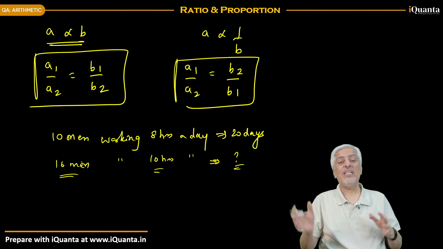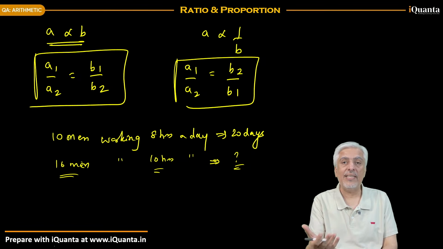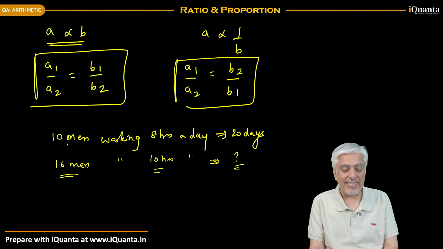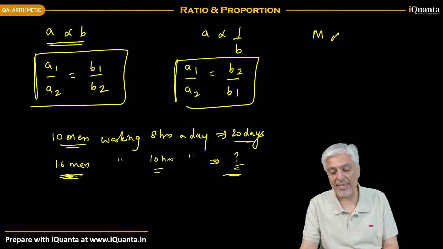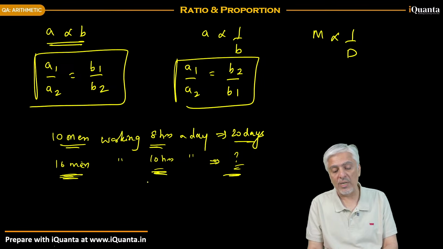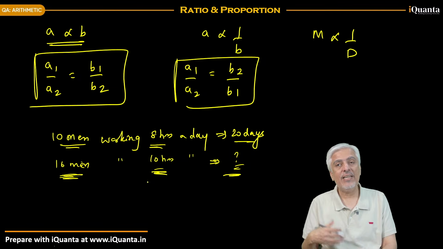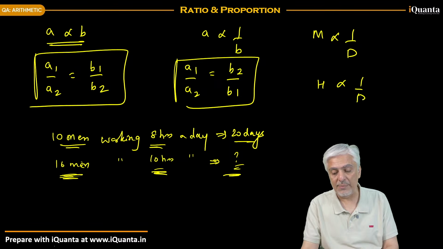Now think logically. Before you start solving the question, think logically. If there are more men, they will take lesser days. So can I say men and days are inversely proportional? If they work for more hours a day, then hours and days also are inversely proportional.